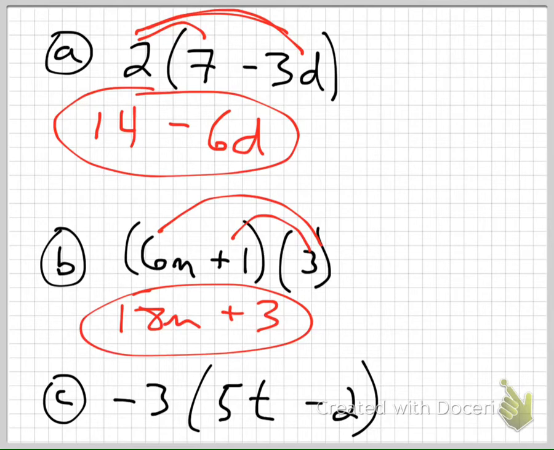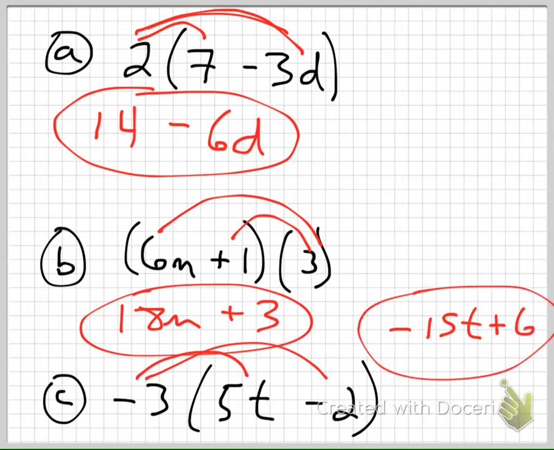If this was a minus, you'd have it wrong, right? That would make sense. Letter C, negative 3 times 5t, negative 15t, and then negative 3 times a negative 2 is plus 6. How many of you got negative 15t plus 6?